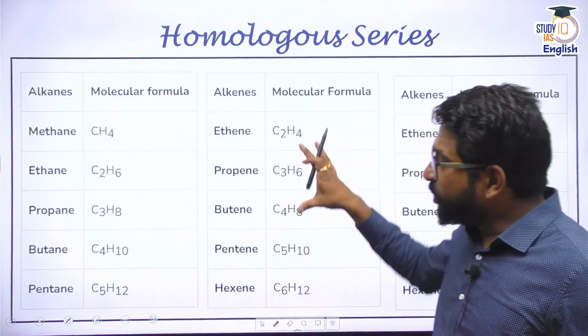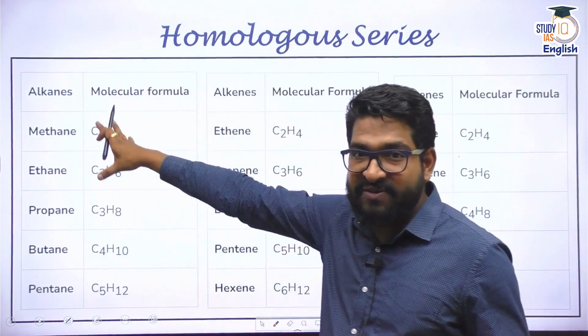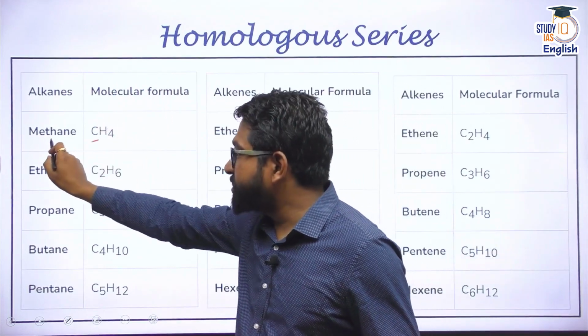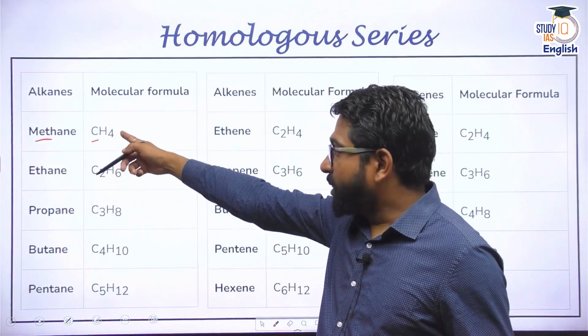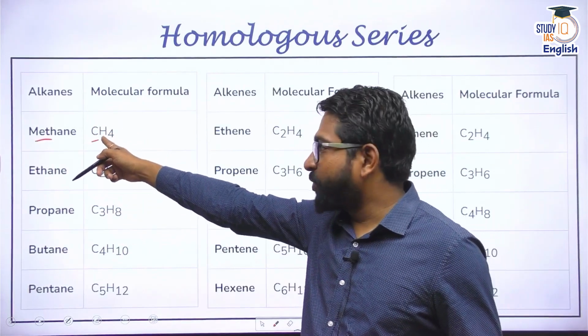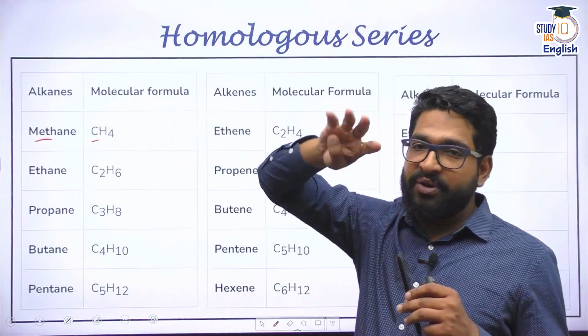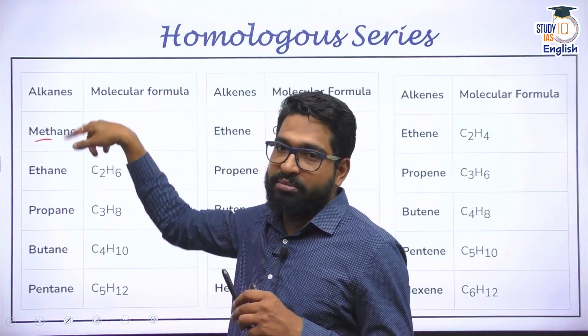Now, a homologous series of alkanes is this. Nomenclature we have understood. There is only one carbon atom, that means meth. Then in the homologous series, you see that all the carbon atoms have been saturated. That means for one carbon there are basically four hydrogen atoms here.